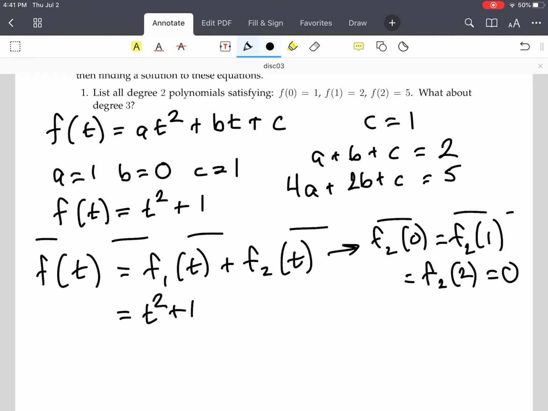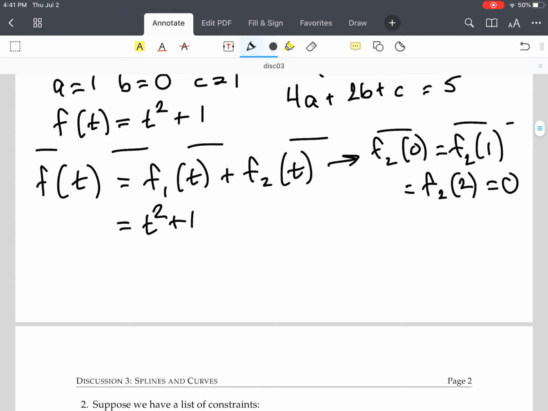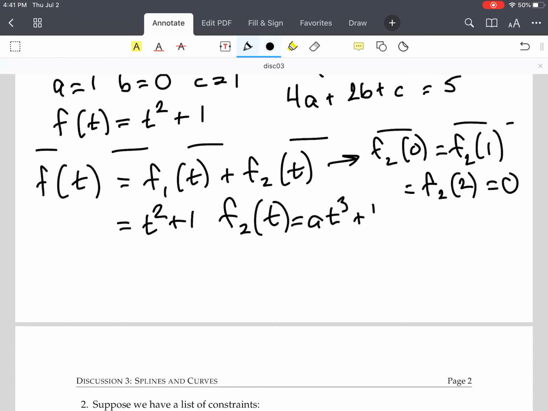So f2 is going to have the following form: a t cubed plus bt squared plus ct plus d. If we do exactly what we did last time and plug it in, we get d is equal to 0.